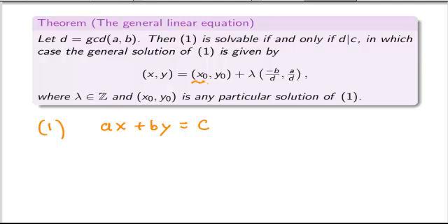We take a particular solution, which can be any particular solution, and we add to it the solution to the homogeneous equation. So this is just putting together the observations we've already made. This is the particular solution, and this is the homogeneous solution that we just saw in the previous lemma.